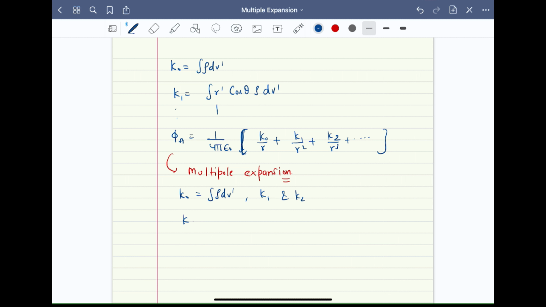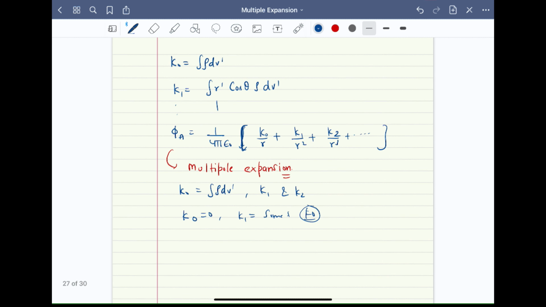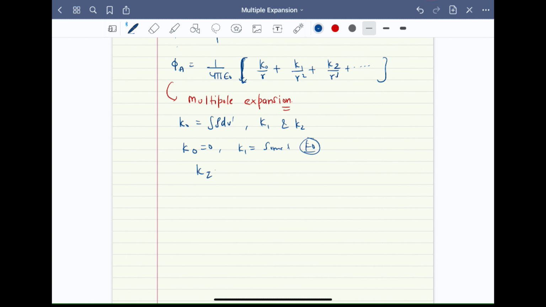For example, if K0 is equal to 0 and K1 is something but not 0, then we will say that at large distances the distribution will behave as a dipole distribution. And if we get K2 as something other than 0, where K1 is 0, then we will say the distribution has a quadrupole moment at large distances.